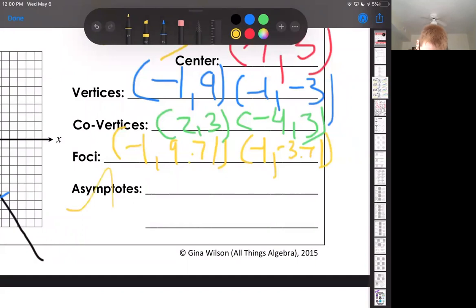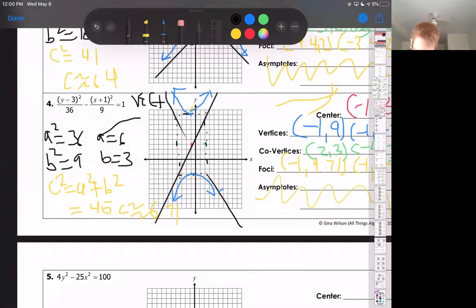Like I said, don't worry about finding the equations of the asymptotes. There is a formula, but quite frankly, using the rectangle method, you're going to get your picture. Unless you're doing something super specific where you need to know the equation of the asymptote, I don't see a ton of purpose, but there are algebraic ways to define it.